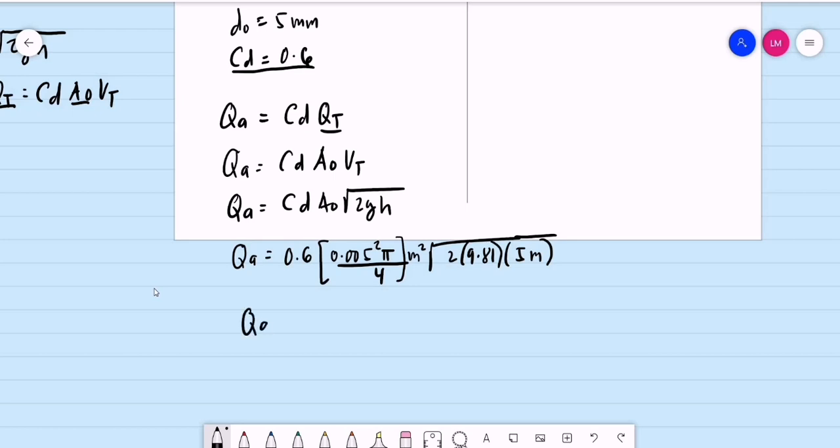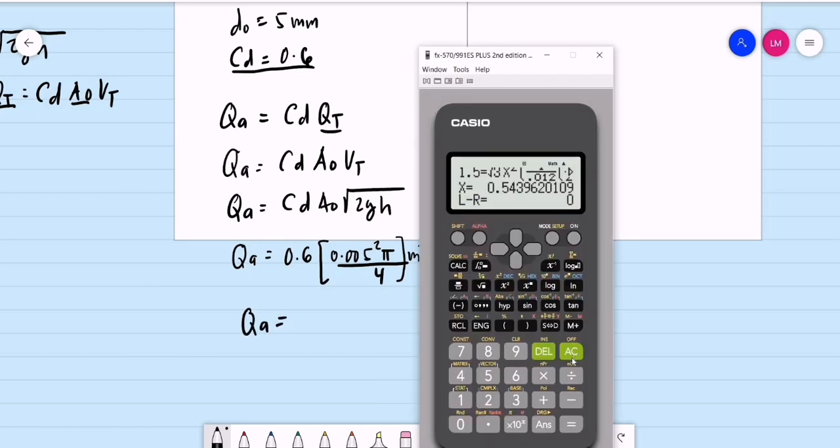So the actual discharge equals 0.6 times the area of the orifice, 0.005 meter squared times pi divided by 4, multiplied by the square root of 2 times 9.81 times 5 meters.